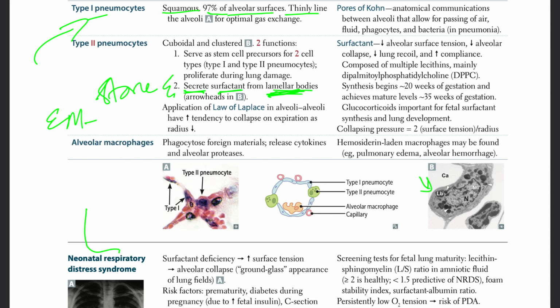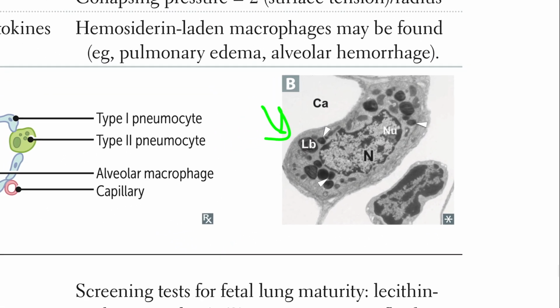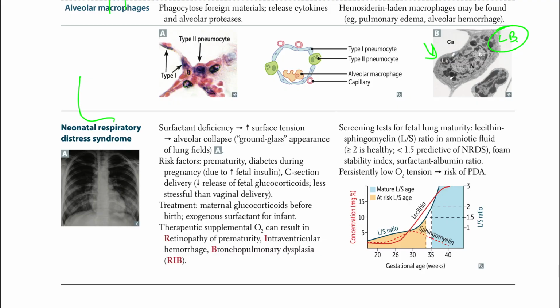They will say granules containing parallel stacks of membrane lamellae. If you zoom in here, you will see they contain parallel stacks of lamellae within them, and those are your lamellar bodies. Okay, so that's about lamellar bodies.